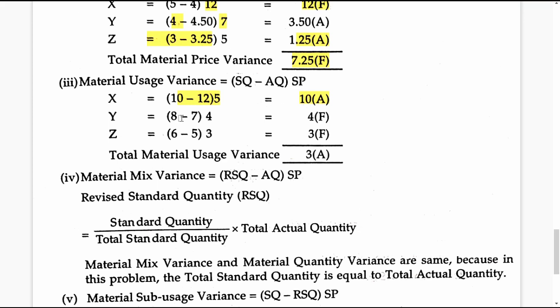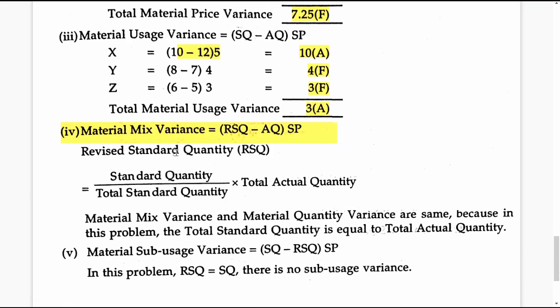Here the actual quantity is lesser than the standard quantity, therefore the answer is 4 favorable. Then Z, the standard quantity is 6 minus actual quantity 5 into standard price 3. The actual quantity is lesser than the standard quantity by 1 kg, therefore the answer is 3 favorable. Total material usage variance or quantity variance is equal to 3 adverse.